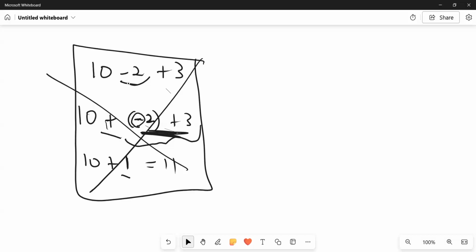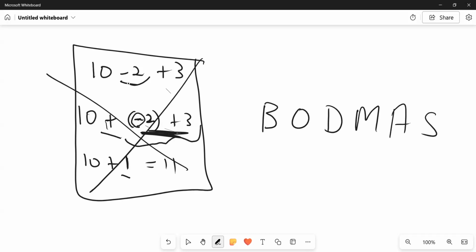Good. So with that now, we can actually do any problem that involves the order of arithmetic operations. So remember the little bit of memory aid, BODMAS. It's more of an acronym, a mnemonic. A mnemonic is a memory aid.